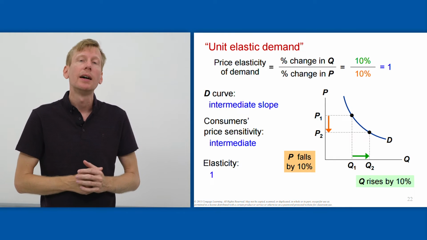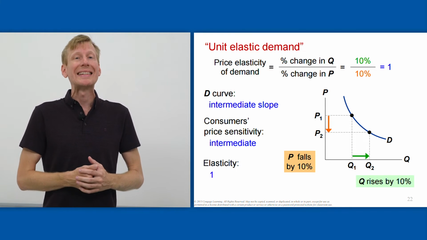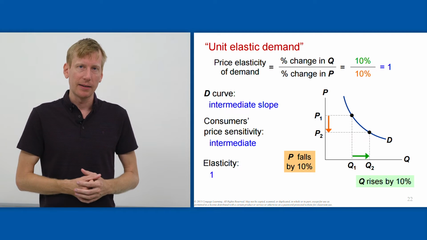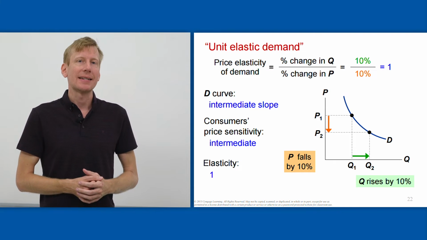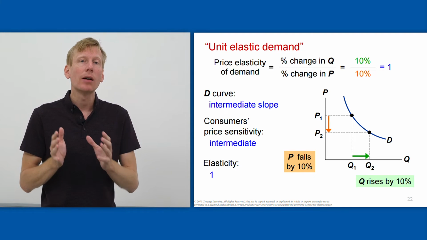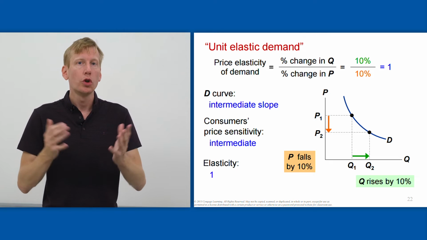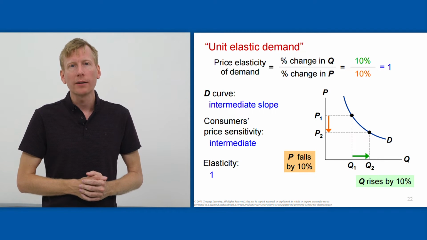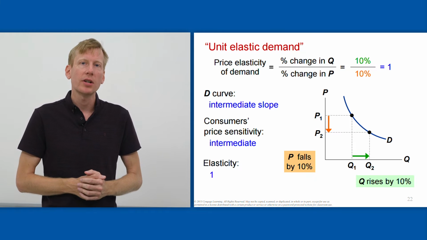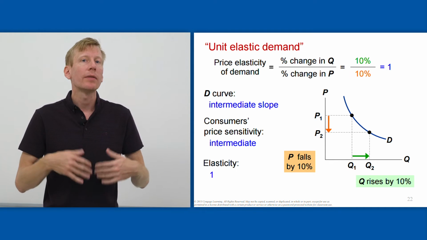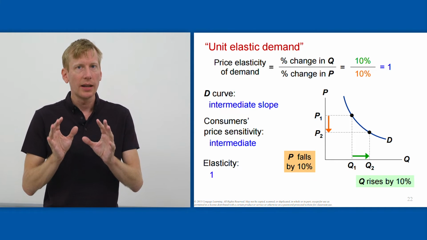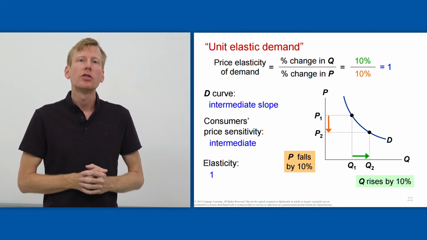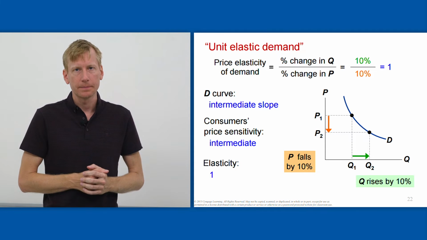The third case is what we call unit elastic demand. Unit elastic demand has an elasticity of 1. Unity. Now, an elasticity of 1 means that whatever the percentage change in the price will be, will have an identical, inverse, negative change in the quantity.